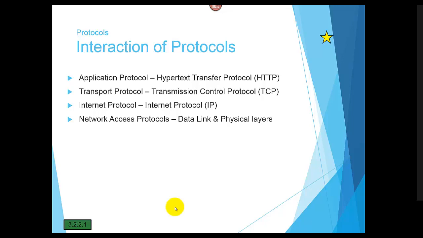IP, Internet Protocol, is responsible for taking the formatted segments from TCP, encapsulating them into packets, assigning them appropriate addresses, and delivering them across the best path to the destination host. Network access protocols, for instance, data link and physical layers, describe 2 primary functions: communication over a data link and physical transmission of data on the network media. An example of a network access protocol would be Ethernet.